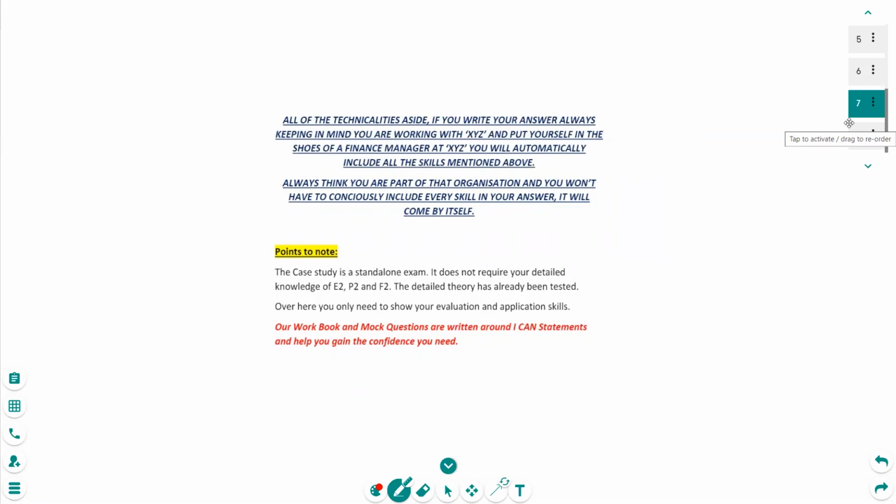So the more you immerse yourself in the role, the more reality comes into it. The more you will write the answer with empathy. Always think you are a part of that organization, and you won't have to consciously include every skill in your answer. It will come by itself. You don't really have to do it mechanically.